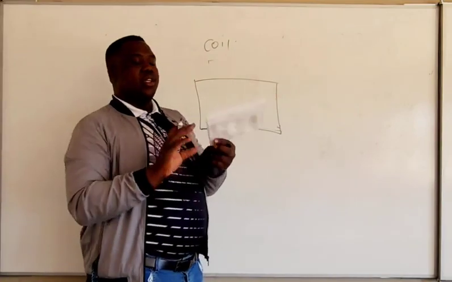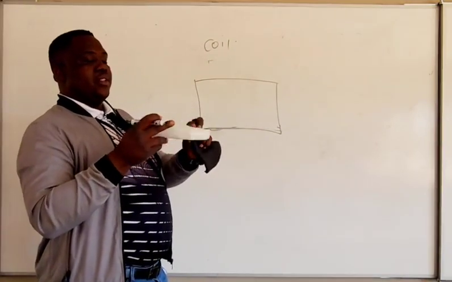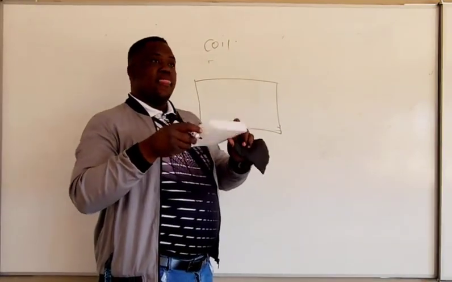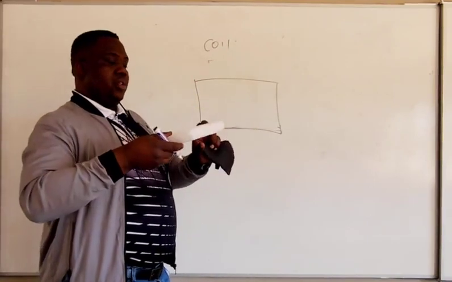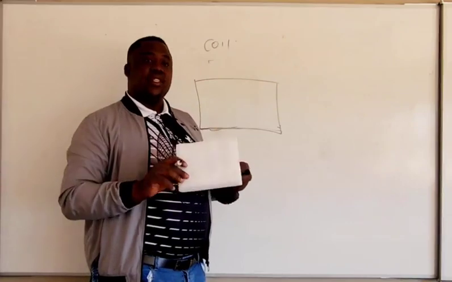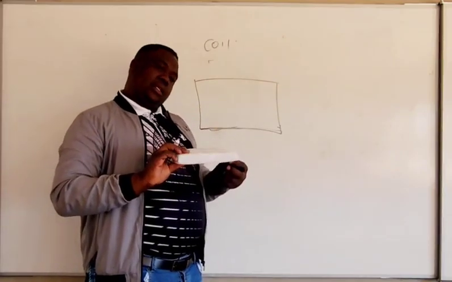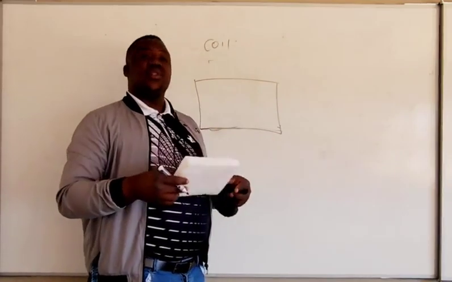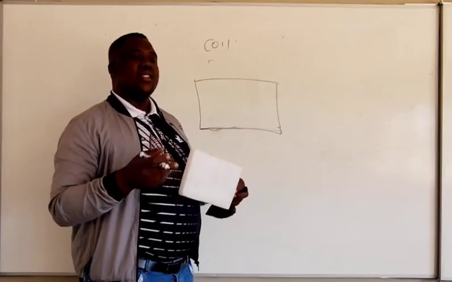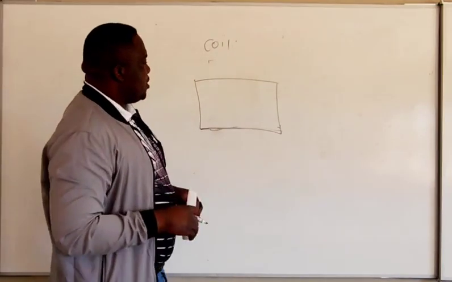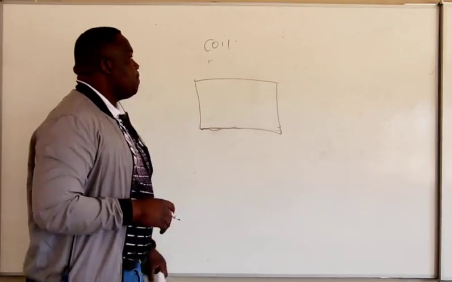That's why I'm holding this so that you can see it in 3D, or also in 4D, because as you get to learn, you get to know that we've got the X, Y axis and the Z axis. But that's a topic for another day.